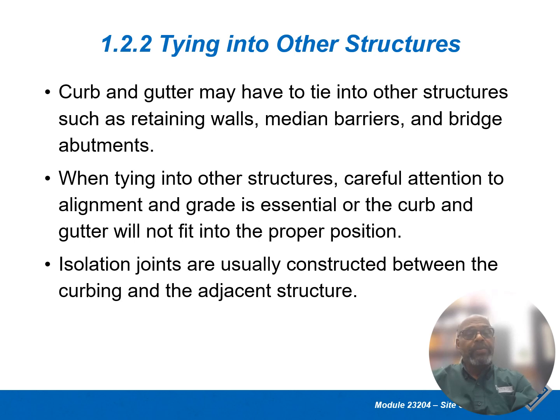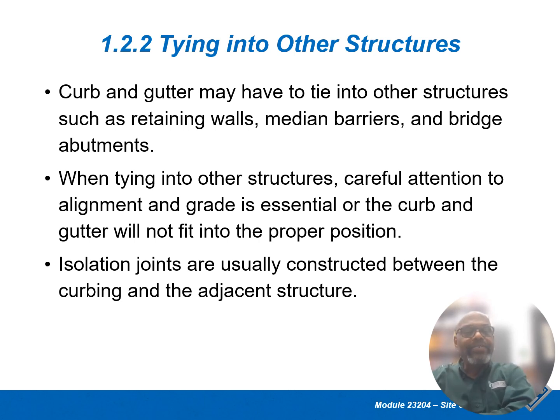Number 1, that it will look right and function correctly, because curbs are designed to help guide water into certain areas. If not, you can have runoff of soil, and many other things that can cause issues. So when tying into other structures, careful attention to alignment of the grade is essential, or the curb and the gutter will not fit into the proper position.